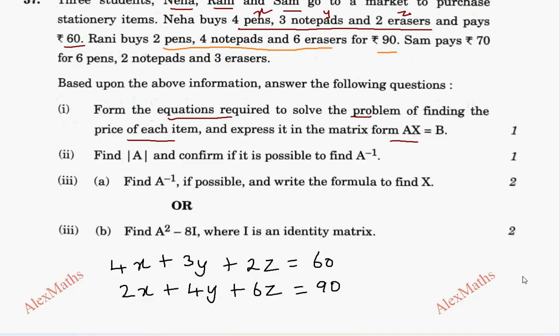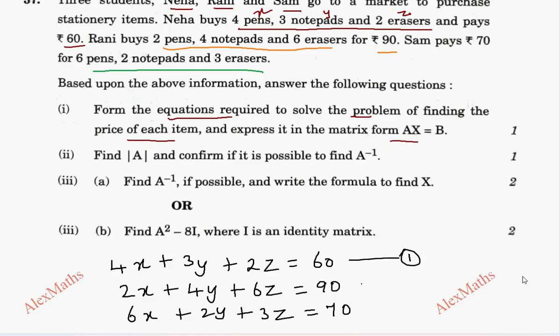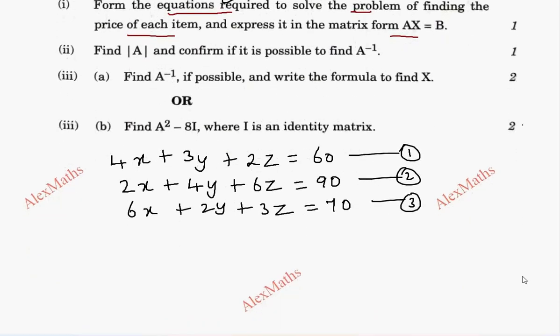Then Sam pays 70 for 6 pens, 2 notepads and 3 erasers. So this is 6x plus 2y plus 3z equal to 70. So this is our first equation, second equation, third equation. So we wrote the equation and we have to express it in the matrix form.